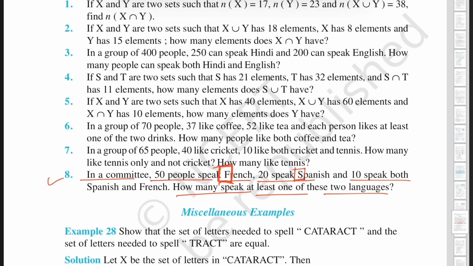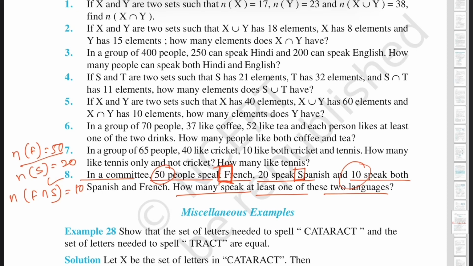The number of elements in set F is 50, the number of elements in set S is 20, and the intersection of these two sets consists of 10 elements.